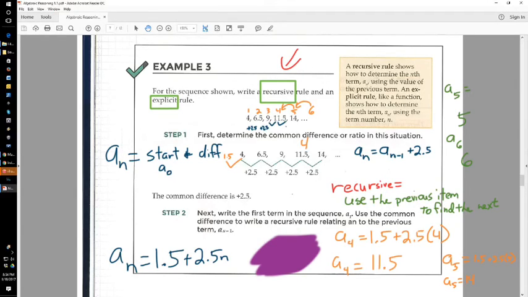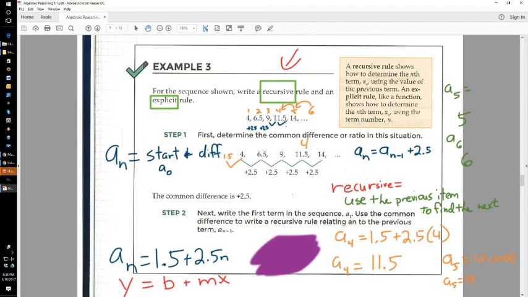Here's another way of looking at this. Does anybody feel like they've seen this before? Has anybody thought of this as y equals, this would be the mx, and this would be the b? It's y equals mx plus b, straight up. These are linear rules. An arithmetic sequence is a linear rule.